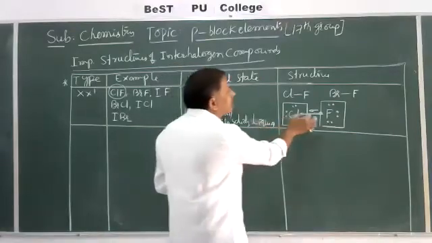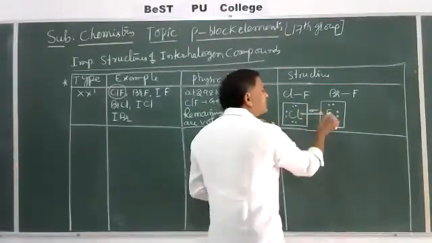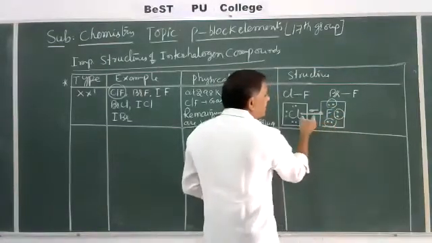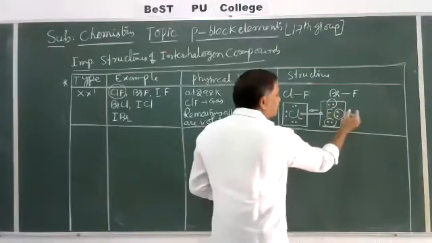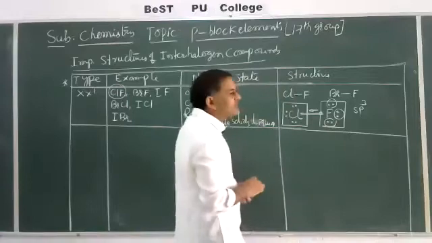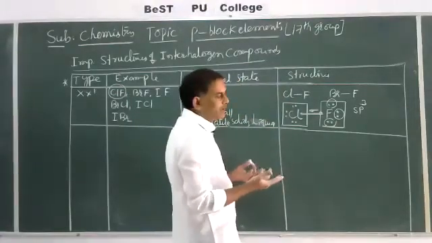So generally we can consider it as linear. For hybridization, one sigma bond and 3 lone pairs we can take as sp3. sp3 is generally tetrahedral, pyramidal or angular.